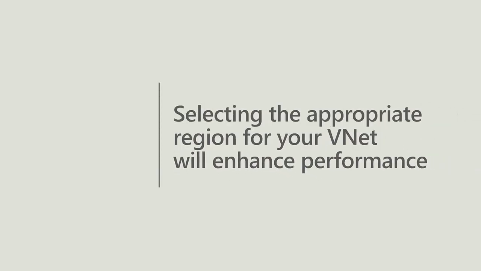Additionally, choosing the correct region helps ensure compliance with laws and regulations because certain industries and regions have specific regulatory requirements for data residency. And lastly, cost. Resource pricing can vary by region, so selecting a region that aligns with your budget can help optimize costs. By carefully selecting the appropriate region for your VNet, you can enhance performance, ensure high availability, meet compliance requirements, and manage costs effectively.